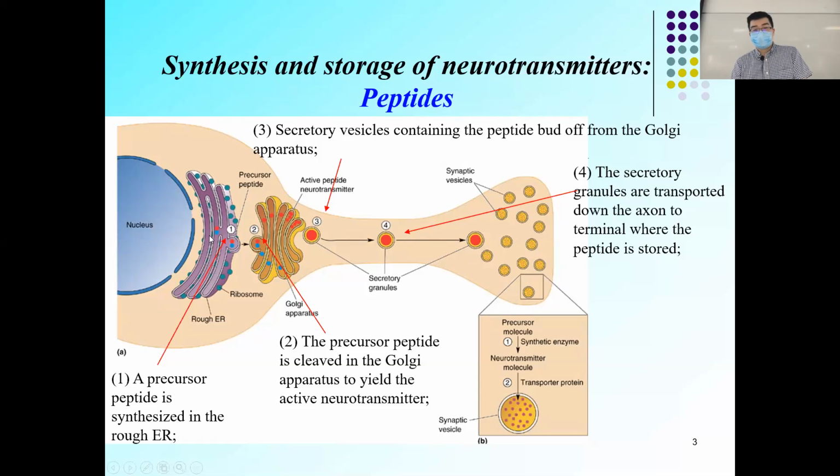So this is a bit different from the other one, okay? In every neurotransmitter pathway, we will talk about their synthesis, their maturation, their release and their destruction. Okay.